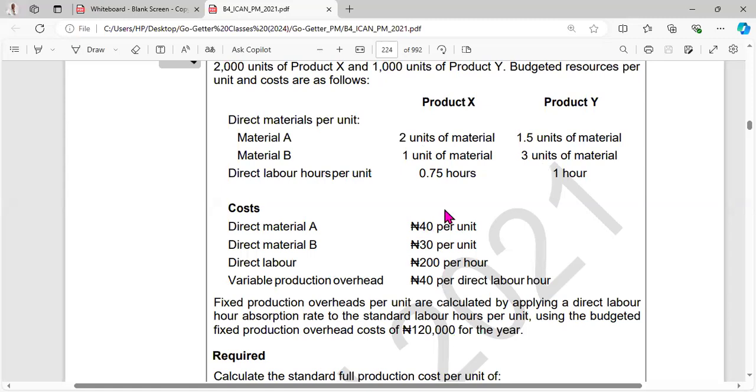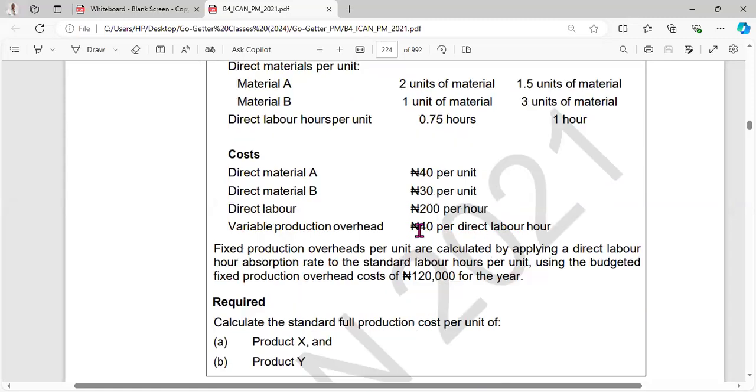Here is going to be 40 times 1.5. For material B, the purchasing manager is giving us 30 naira. Labor, HR is telling us 200 naira per hour. Variable overhead, the operations manager is telling us this.